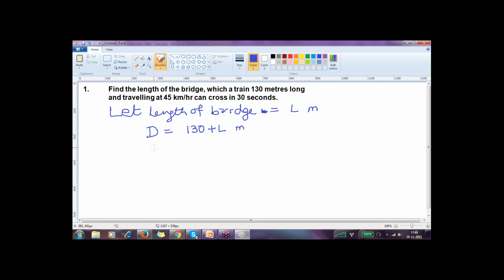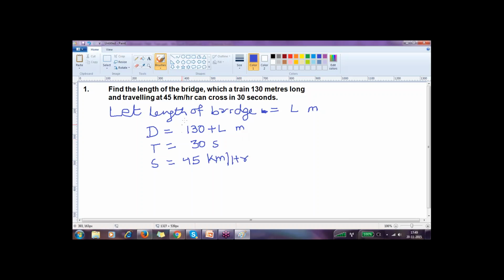What is the time? Time given here is 30 seconds. What is the speed? The speed given here is 45 kilometers per hour.